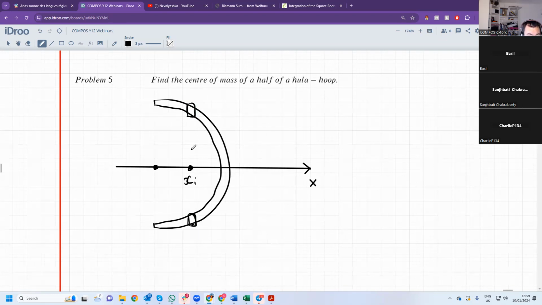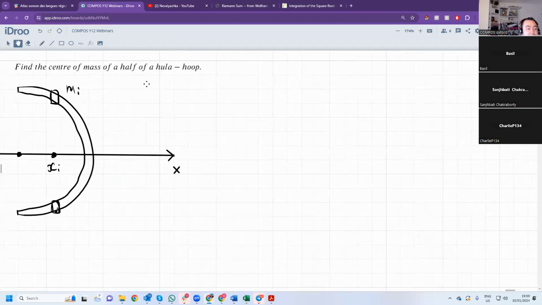So what are those masses? What is mi? Mi is the combined mass, right? Let's look at it closely. Let's say we take a part of the circle.